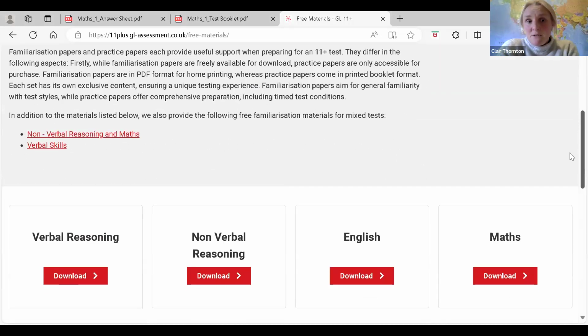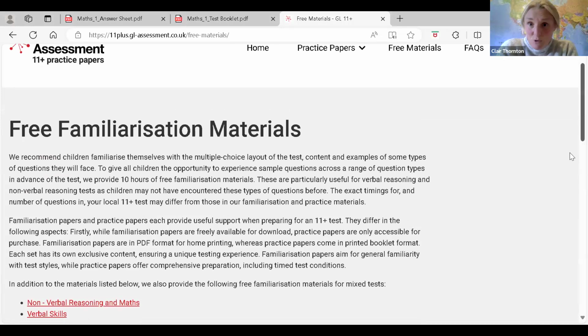Now, alongside the actual maths questions, which I'll show you in a second, there is also obviously an answer sheet. I'm actually going to show you the answer sheet first of all, just because I think that will be one of the tricky elements to get around and to get used to, because it's very different to any sort of tests that you will have done at school.